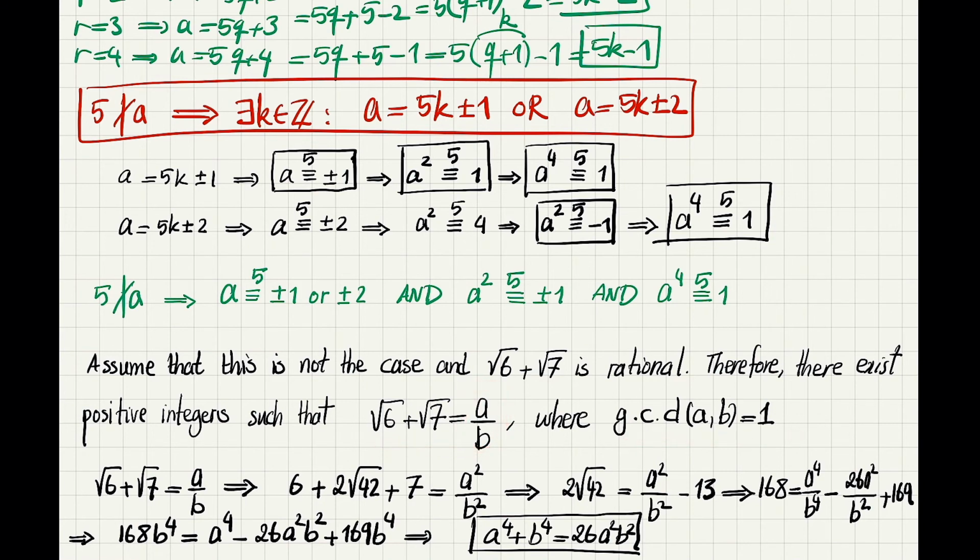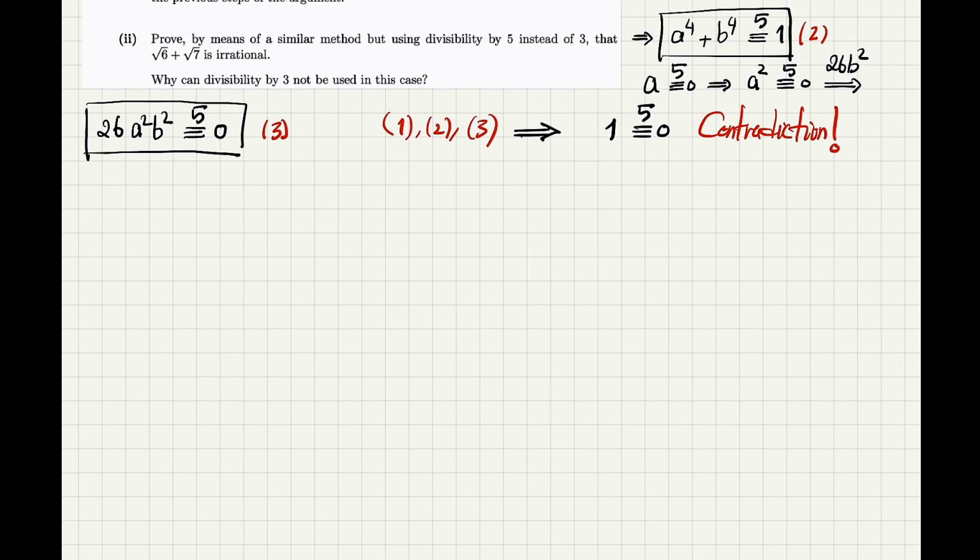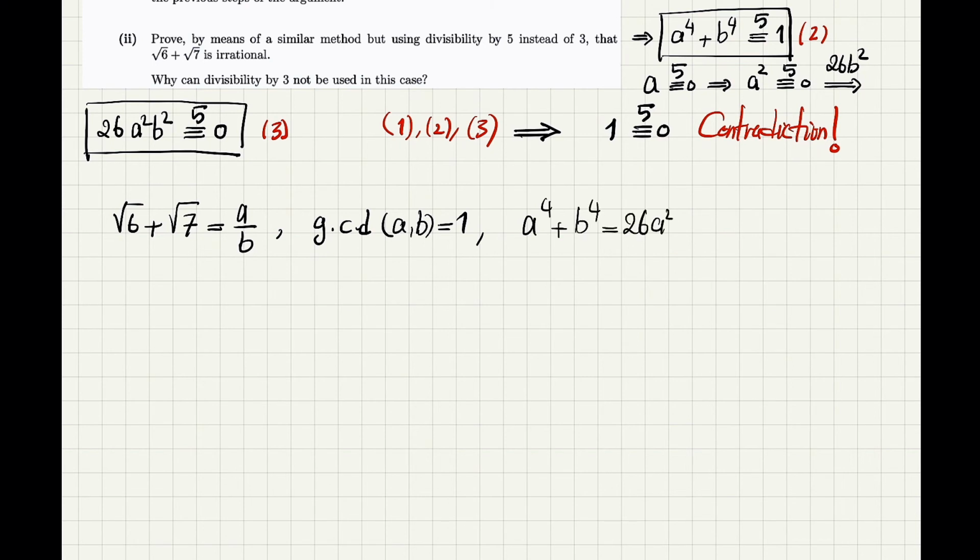Okay, so let me just write this again here for you. So we know that square root of 6 plus square root of 7 is a over b. We know that the GCD, greatest common divisor of a and b, is equal to 1. And we realize that a to the 4 plus b to the 4 is 26a squared b squared. This is what we have so far.